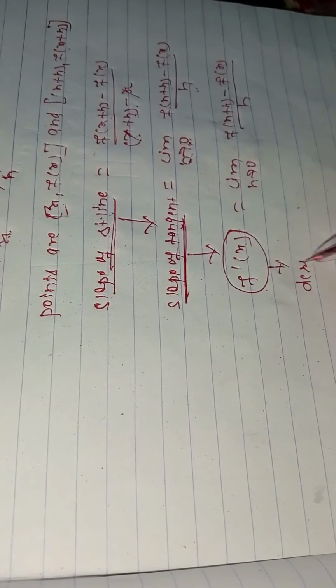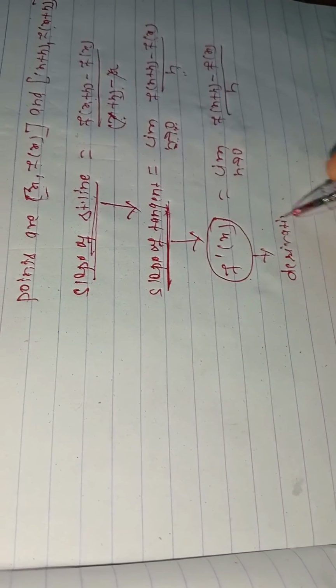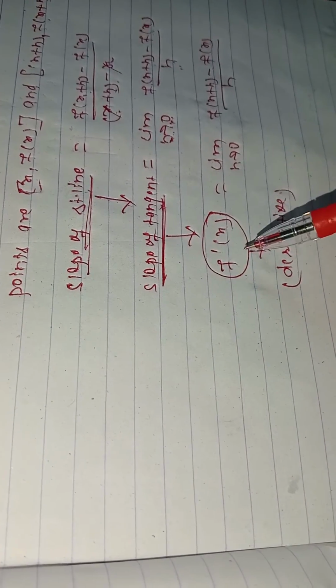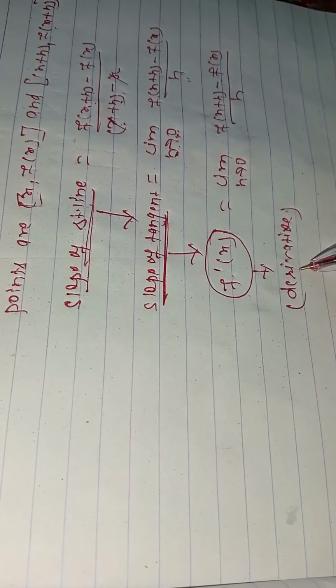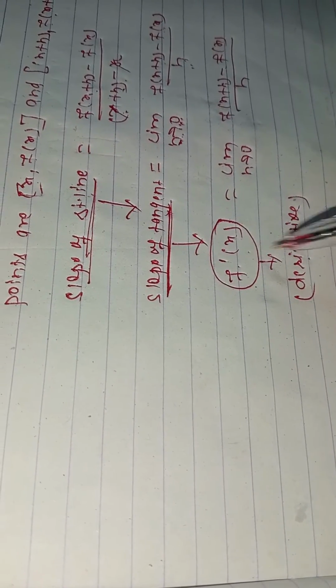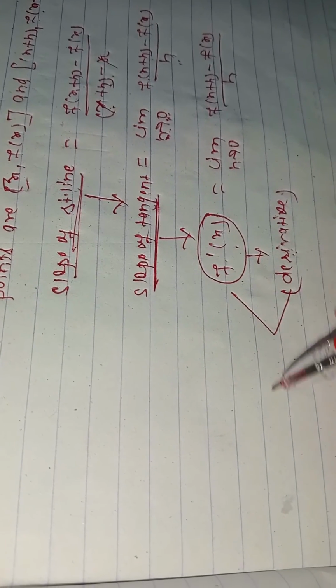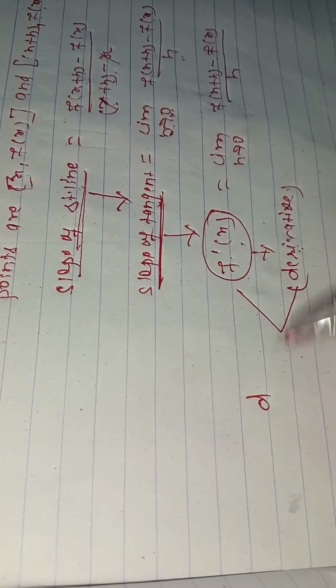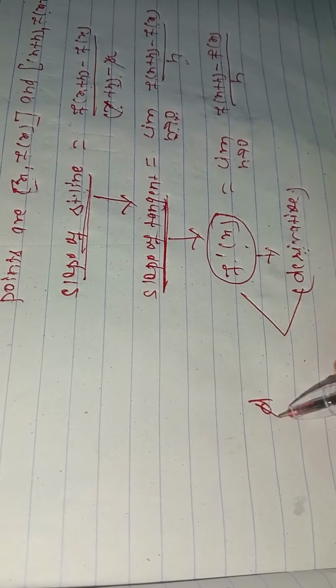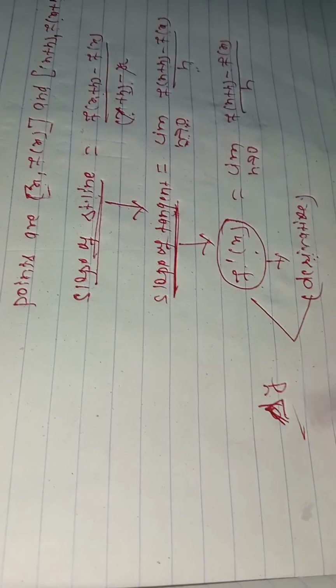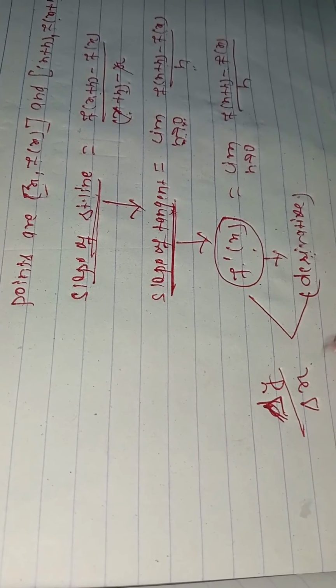We can say f dash x is the derivative. Either you say f dash x or you say derivative, both terms are the same. It is also delta y by delta x.